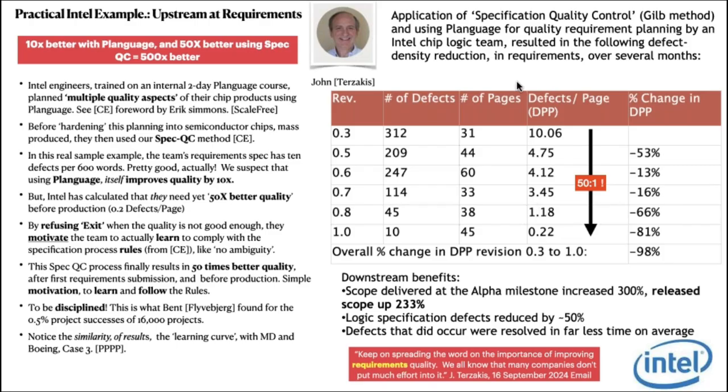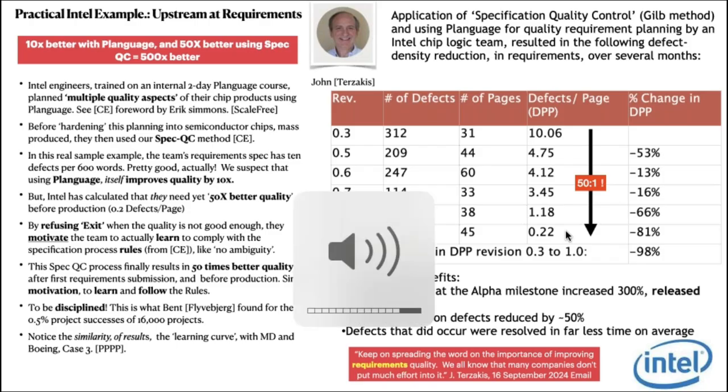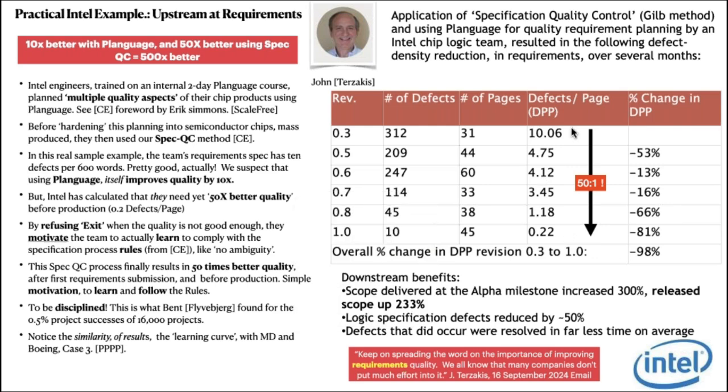Anyway, after a while, and this is actually weeks and months sometimes go by here, they get down to 0.22, and John says, you can exit. We will happily send your requirements on to the next stage. So in a sense, they're getting 10 times better just because they're using a clear language for requirements called Planguage.